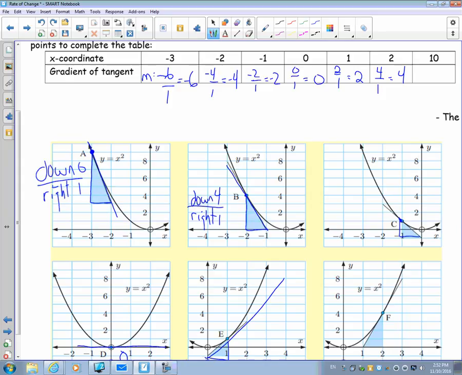Now obviously I didn't put the 10 one on here. The graph doesn't go to 10, but I should be able to figure out that there's a pattern. Our whole objective in this part of the lesson is to figure out an equation that represents the steepness at any point. So if I've given you some points, and we figure out their accompanying steepness, what's the pattern between these things? Well, it looks like I can take the x value and I can double it.